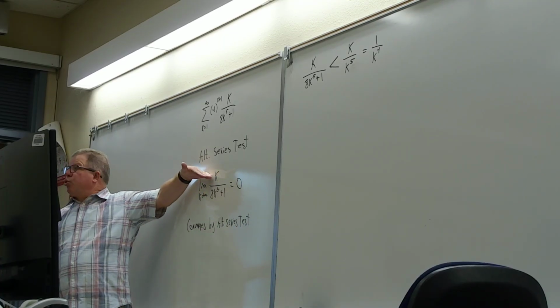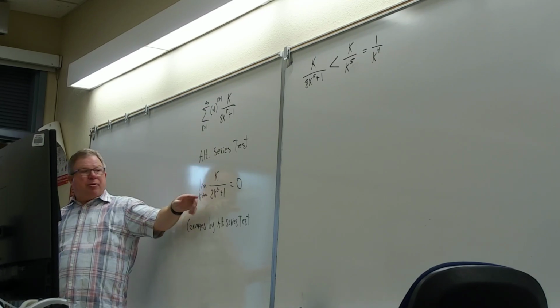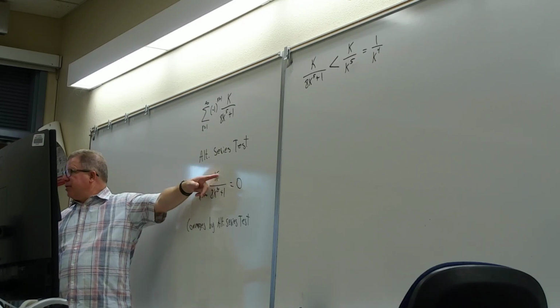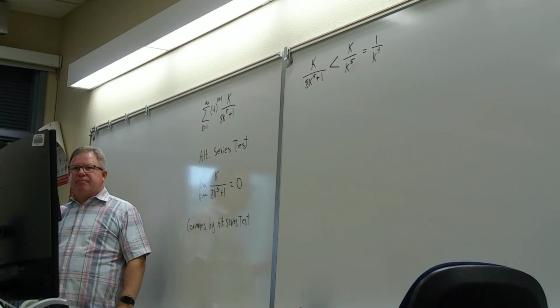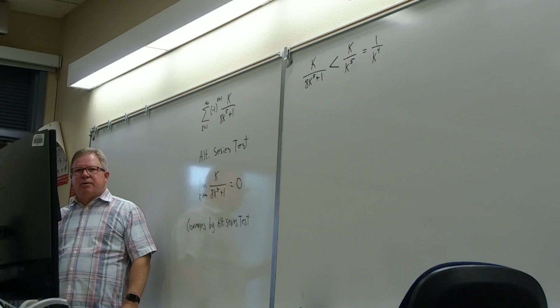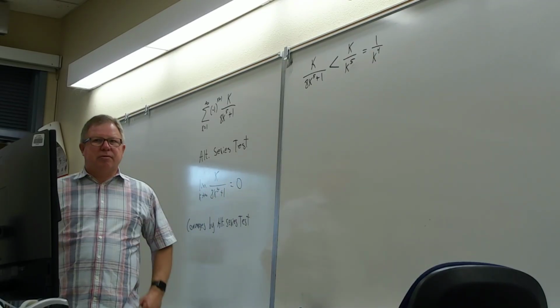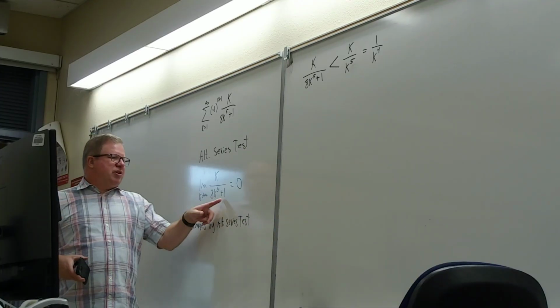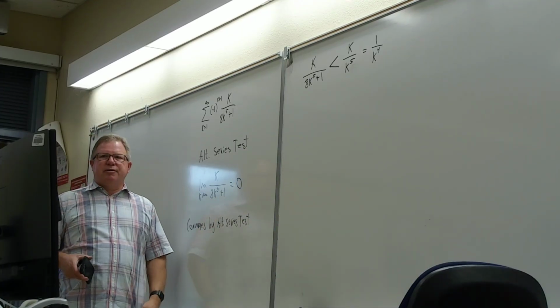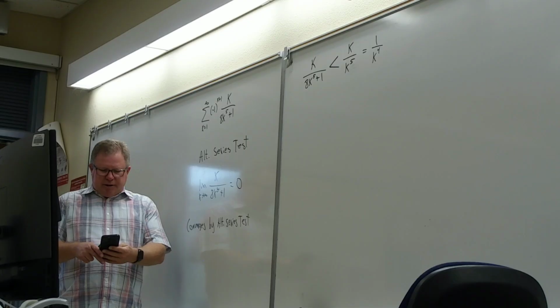If the numerator is of greater degree than the denominator, like if that was x to the seventh or something, then it's infinity. So that would be 1 over k to the fourth. The leading coefficients would reduce to 1 over k to the fourth, which is 0. No, well, because of the plus 1, you can't do that.